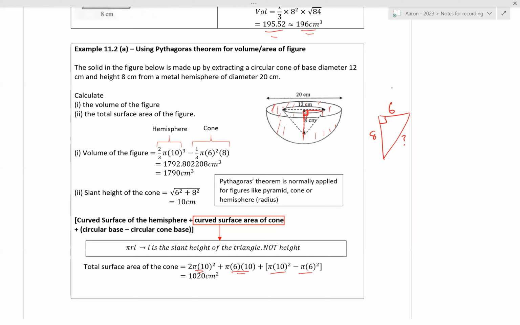So that means you took the base area of hemisphere minus the base area of cone. Work it out. You get 1020 cm squared. This is how you apply your Pythagoras theorem to both your pyramid as well as your cone.